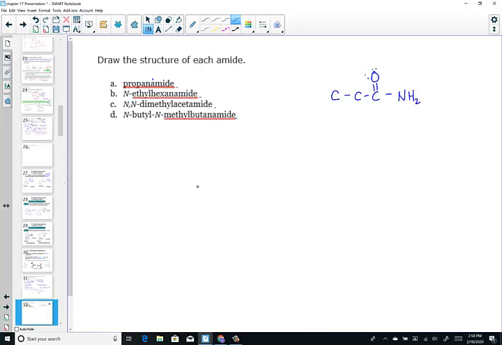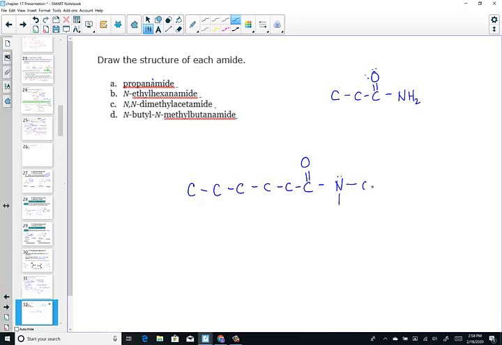Letter B, here I see hexane amide with an N-ethyl. Well, the parent here is a 6-carbon chain. At carbon number 1, of course, is the carbonyl, and then it leads out to a nitrogen. Nitrogen has 3 bonds and a set of dots. We know that.